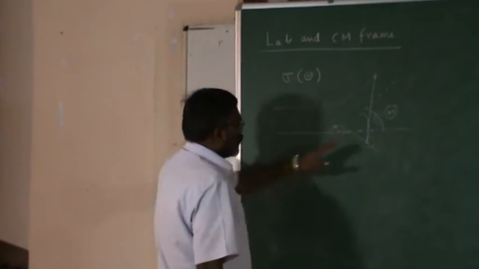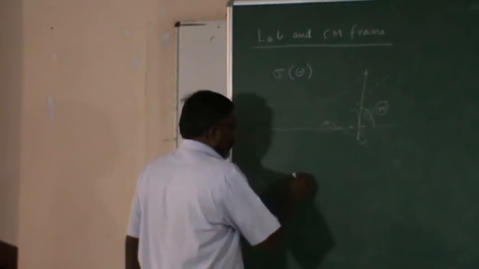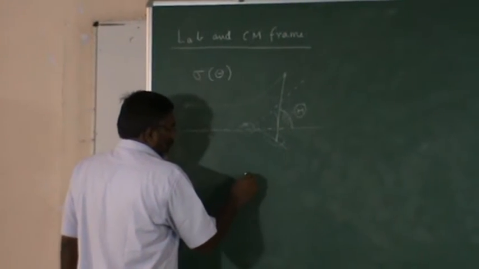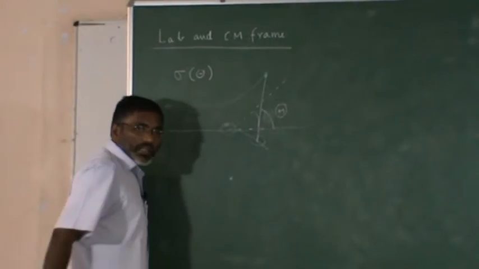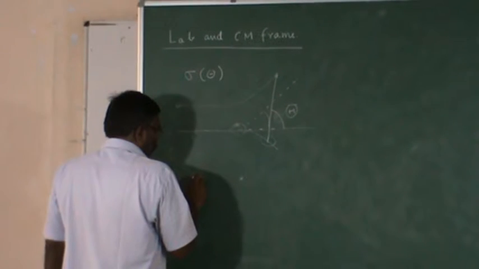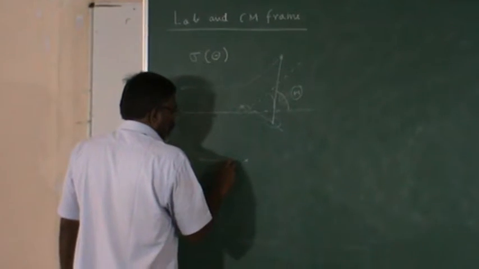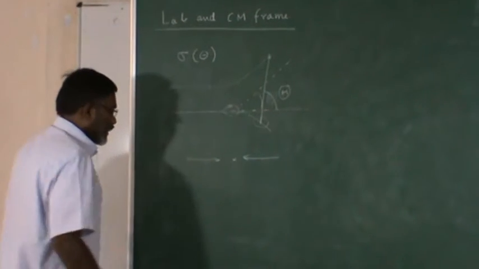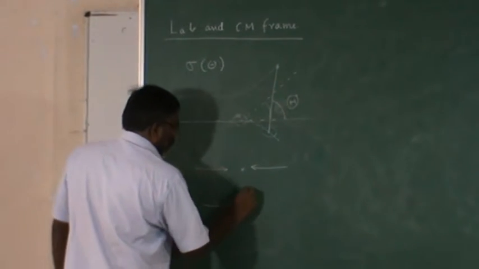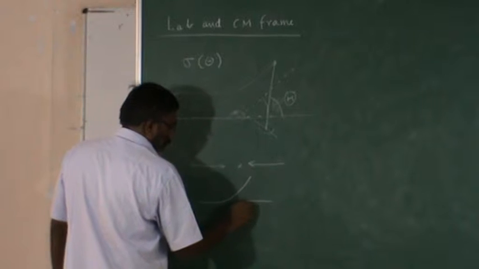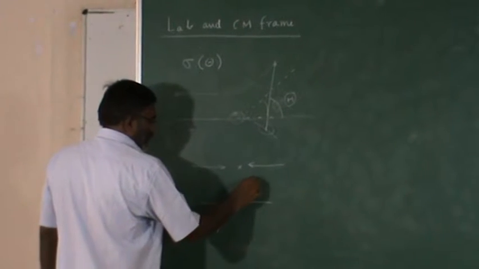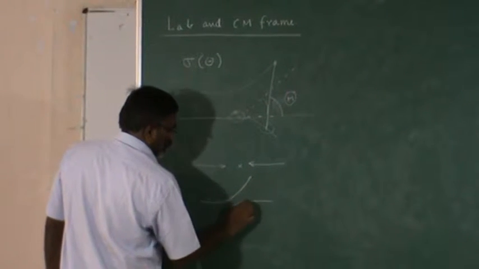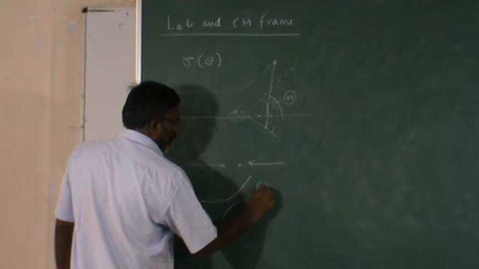Now to understand this, imagine you have a center of mass which is at rest, and then this particle comes in this direction, this particle comes in this direction initially, and after that this particle goes off in this direction, this particle goes off in this direction. So this angle is theta.